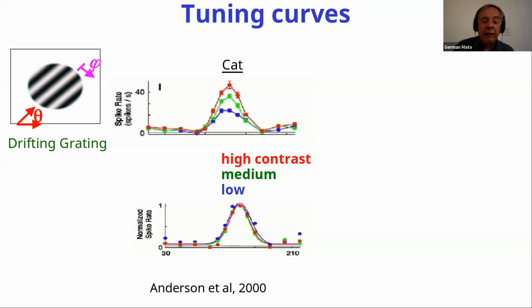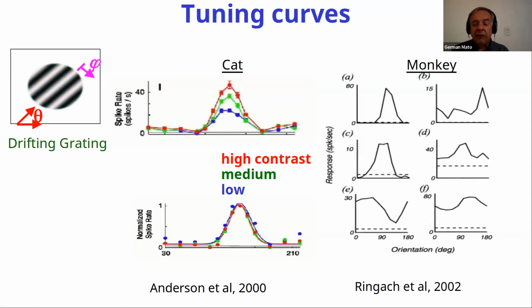For instance, this is a tuning curve for the cat. In the right panel, we see some examples of tuning curves for the monkey. In all cases, we can see that each neuron has its preferred orientation.